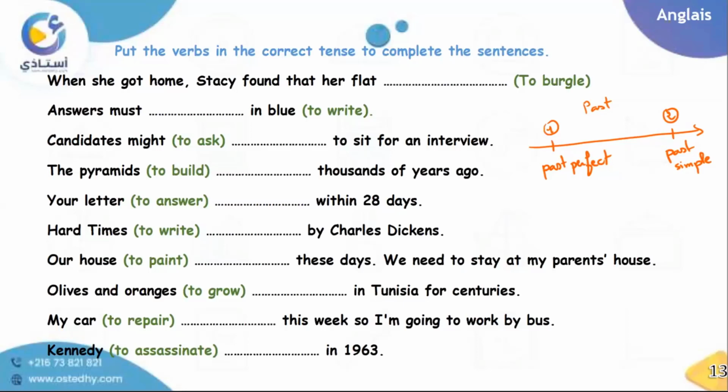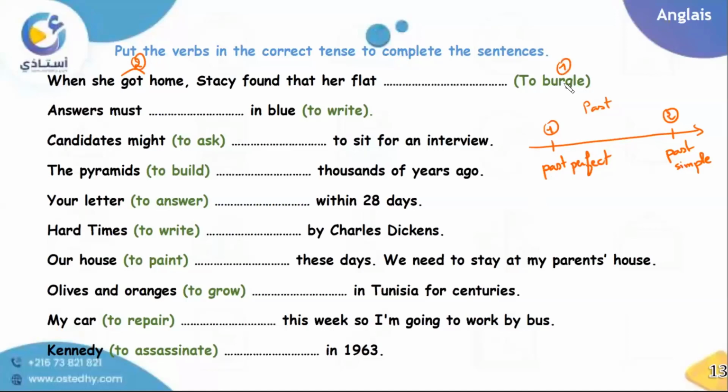First action that happened prior to another action. What happened here? The fact that the flat was burgled happened before Stacy got home. So when she got home, this is the second action. Got home is the second action, and the burgling is the first one.